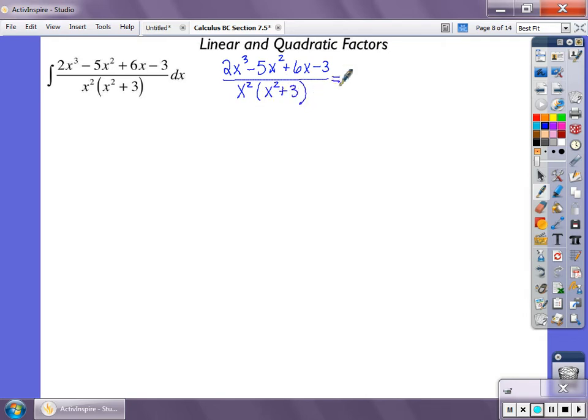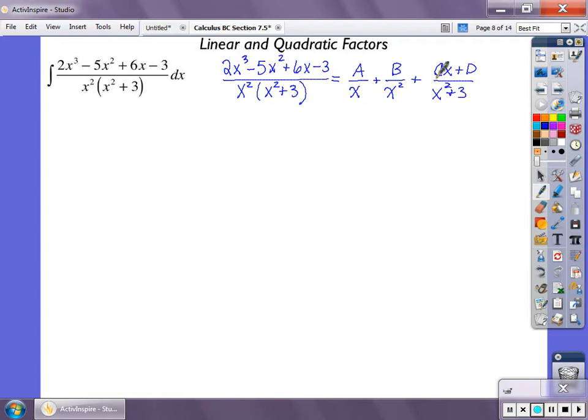And we're going to say that is, now this is a repeated linear factor, so I have to go a over x plus b over x squared. And then this is our quadratic. Now if it's quadratic, you're going to take whatever letters come next, in this case c and d, and you'll write cx plus d all over x squared plus 3.